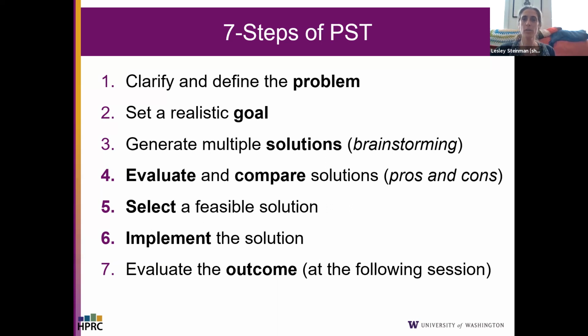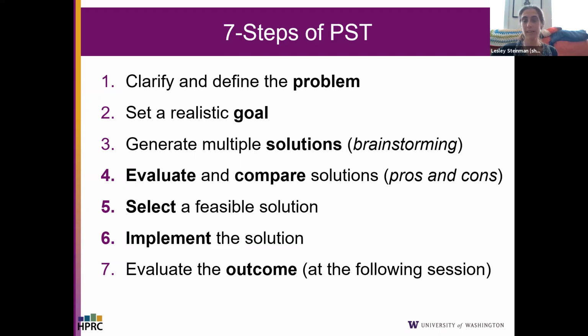All right, so the next part of the training is really, let's get into the meat of it. We're going to talk about what those 7 steps of problem solving are that you're going to be teaching your clients. First, clarifying and defining the problem. Next, supporting your client in setting a realistic goal. Step 3 is generating multiple solutions, or brainstorming, to try and achieve that goal.